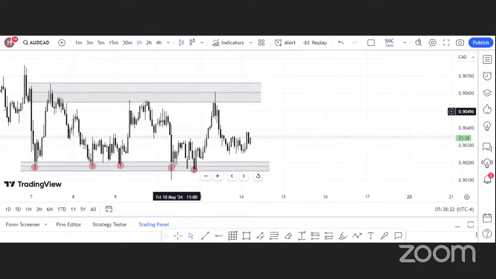In candle formation, what are we looking out for? We have so many types of candle formations, candle patterns. You want to see what the candle is currently doing inside the support or the resistance zone, for you to be able to know that the market is going to move from the zone.